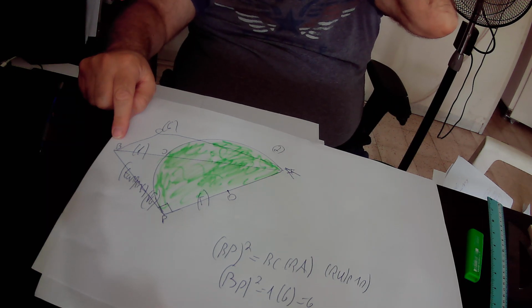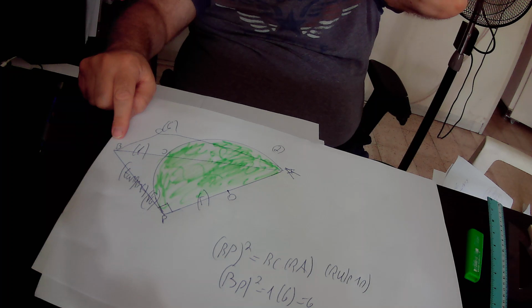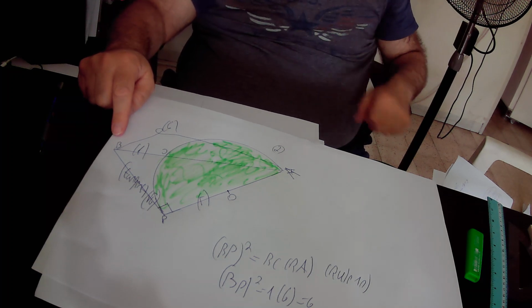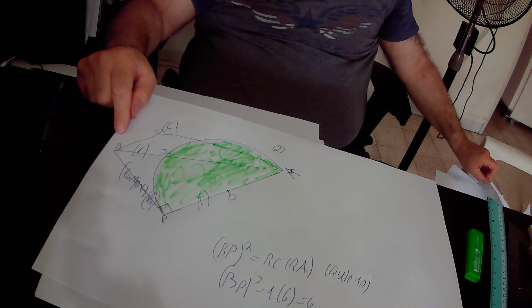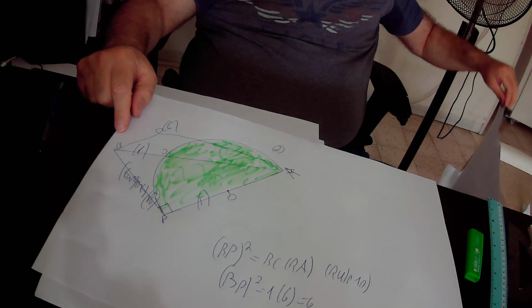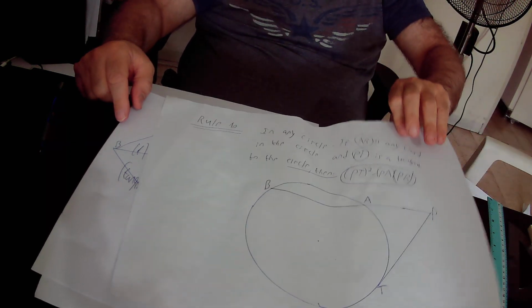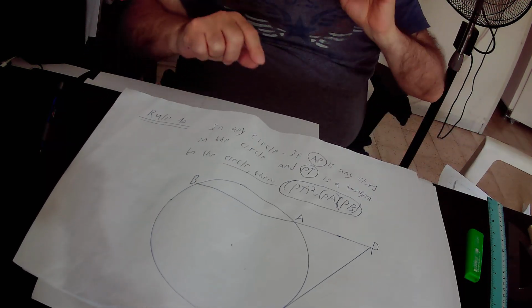So actually, all the requirements of Rule 10 are satisfied. Therefore, we can implement Rule 10. I repeat quickly on Rule 10. Rule 10 is true in any circle.